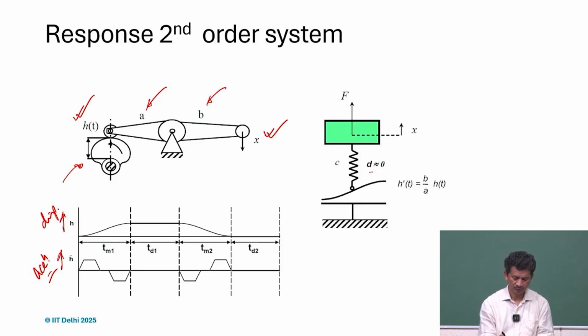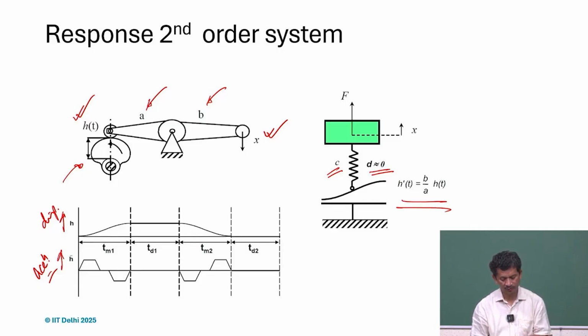So we can say that it is a very low damped system. So B, the damping, is more or less 0. So only a spring mass system. We can model it like this, and the input is h prime t. h prime t is because of the motion of the cam, which is ht, and because of the lever here, b and a terms will come.